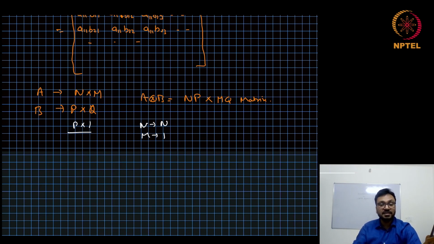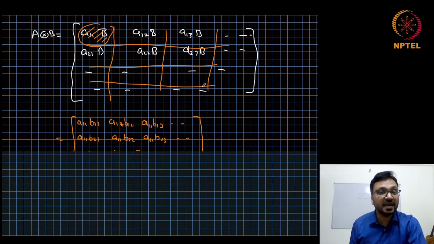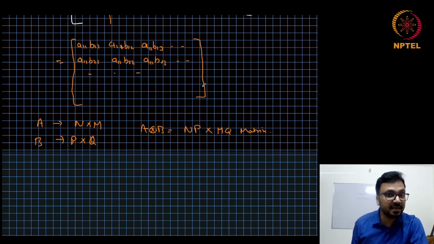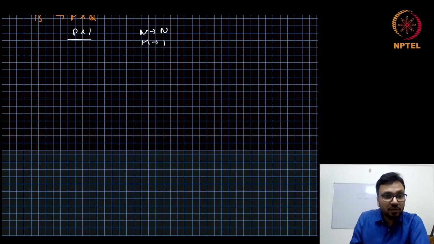And this example we have seen already when we defined the tensor product of states. So in that way, the definition of tensor product is the same for operators and states if we consider states as one-dimensional matrices.